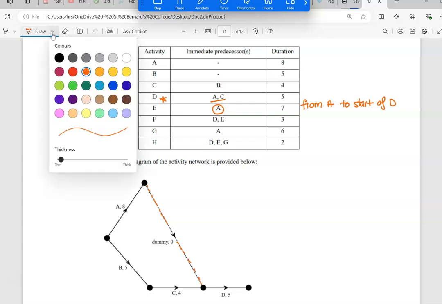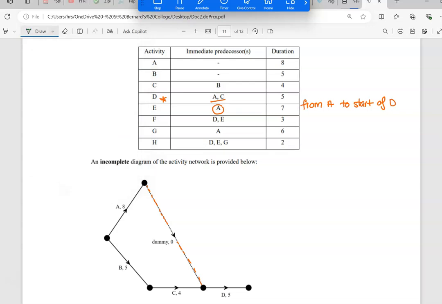But there is another one, and I just wanted to show you this, because it's a bit different. We can see here we've got D and E as a combo, and it's by itself there, and then it's with an extra. When we see it like that, there's going to be a dummy that comes from the ones by itself.